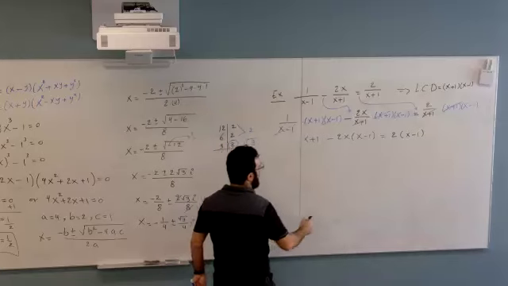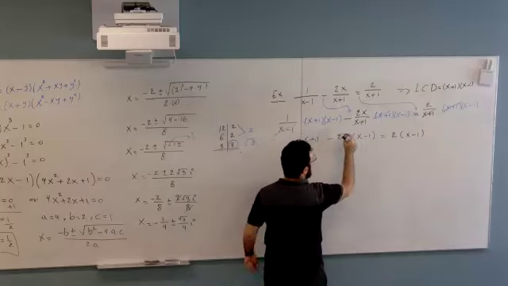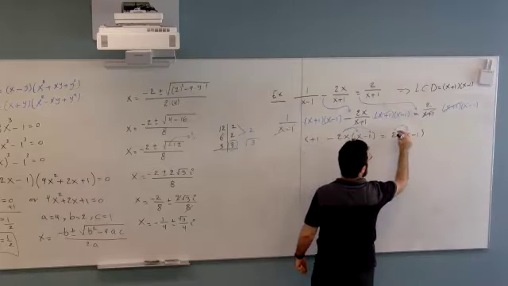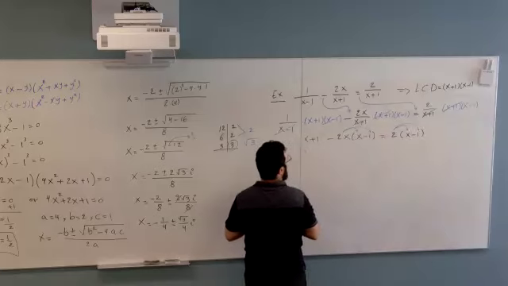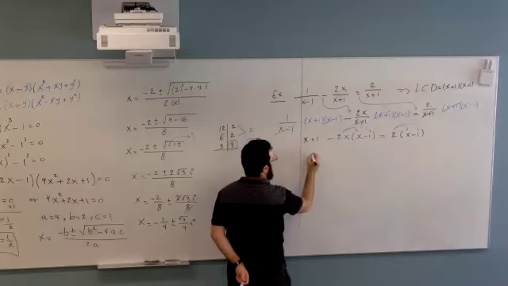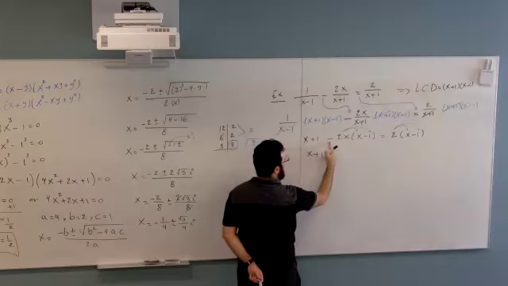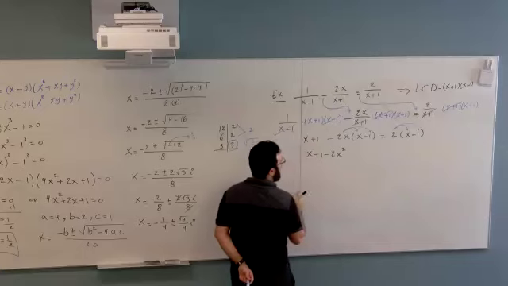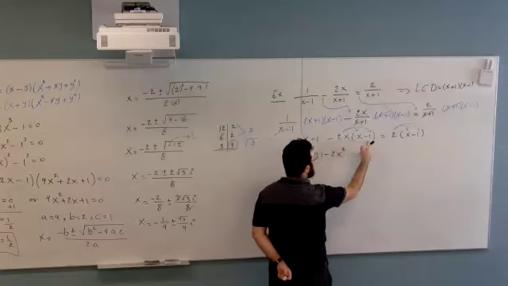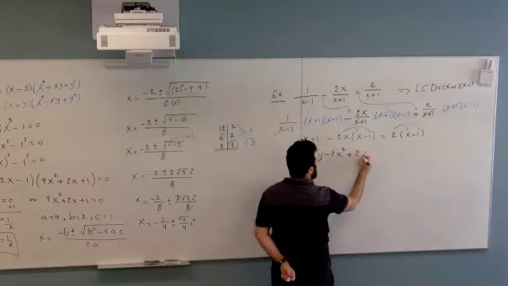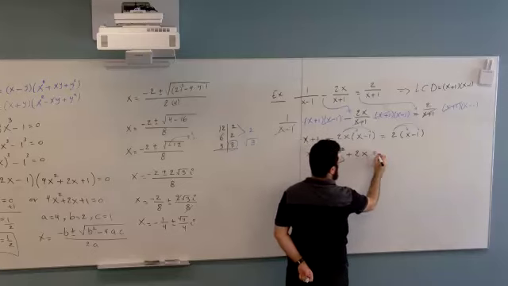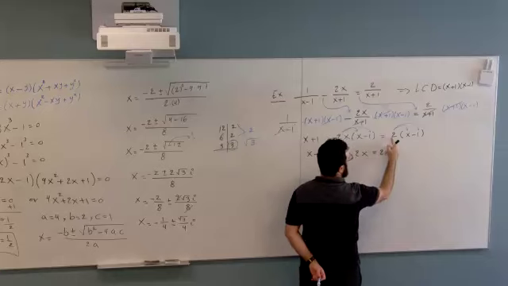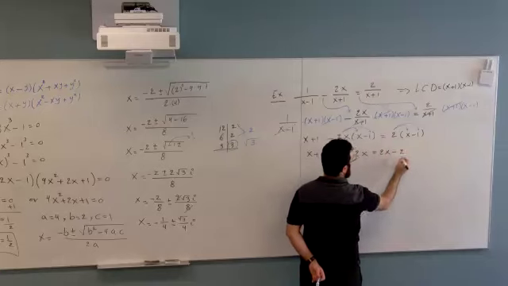What about the second one? We have to distribute. Here we have x plus 1, negative 2x times x, negative 2x squared. Negative 2x times negative 1, positive 2x. Equal. 2 times x, 2x, plus 2 times negative 1, negative 2.